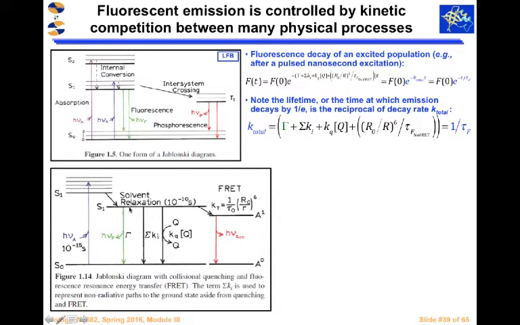During the period we're looking at it, fluorescent decay will compete with collisional quenching, perhaps FRET, and other forms of non-radiative decay. So there'll be a kinetic competition between fluorescence and these other decay pathways, but all of these decay pathways will contribute to the overall rate of decay.